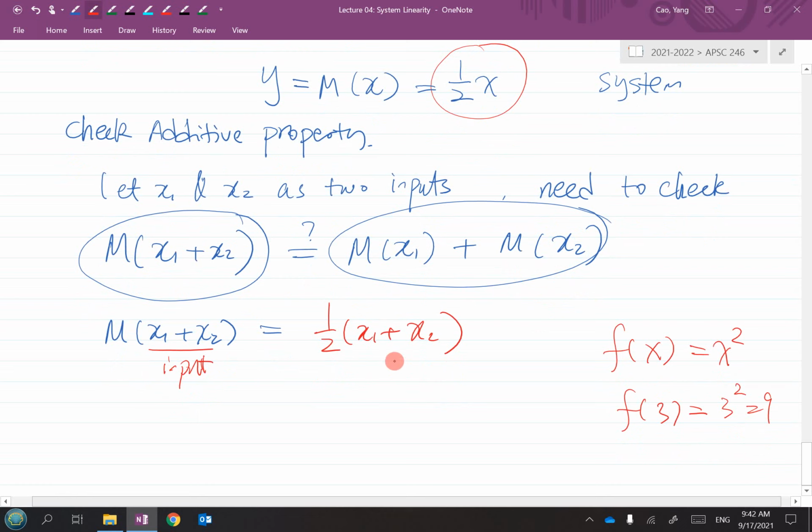Now let me check the other side. What is M x1 plus M x2? For M x1, you go back to your system, replace the x with x1, and you get 1/2 x1. Go back to your system, replace x with x2, you get 1/2 x2.